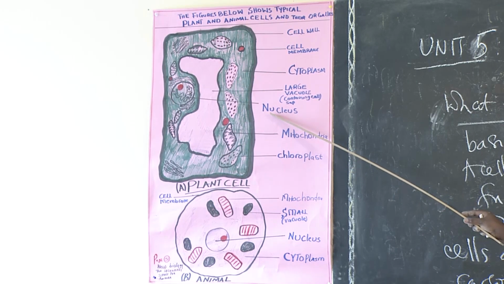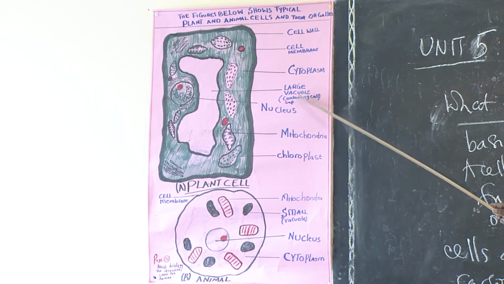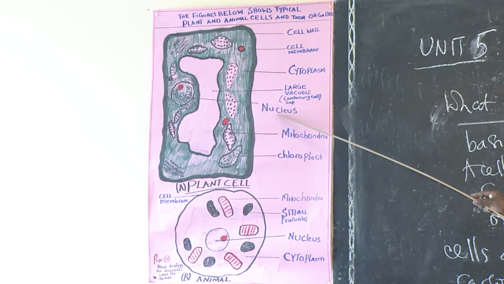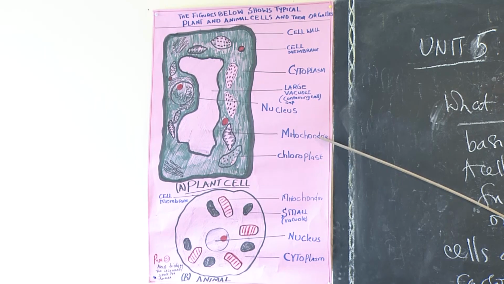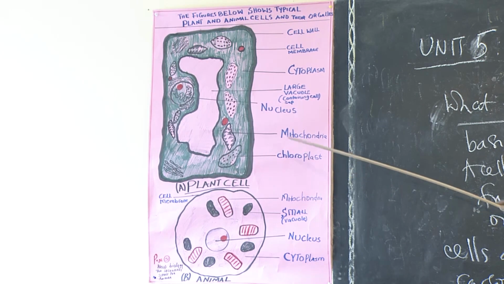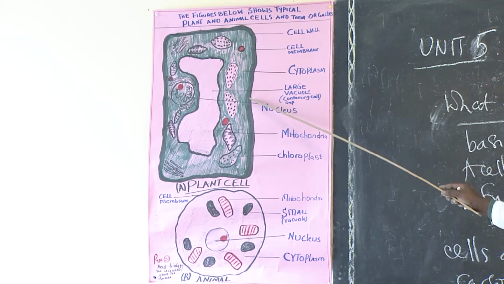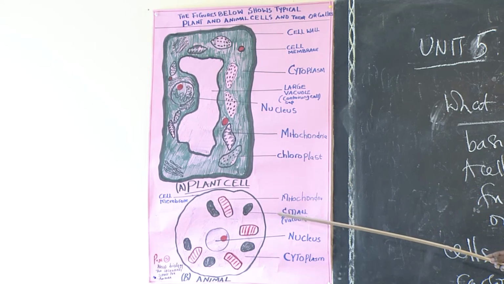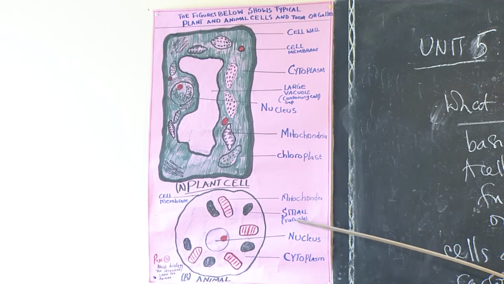We have the nucleus, and we're going to see its function. We have the mitochondria; in singular, we call it mitochondrion. We have the chloroplast, and this is for the case of a plant cell. Then in an animal cell, we have mitochondria and a smaller vacuole.